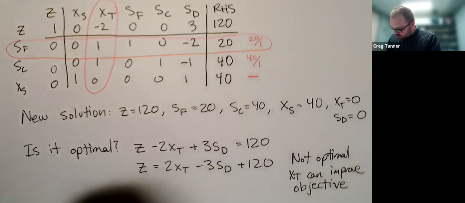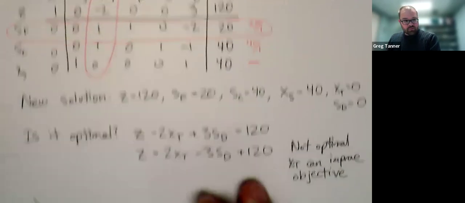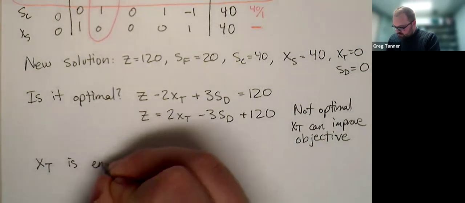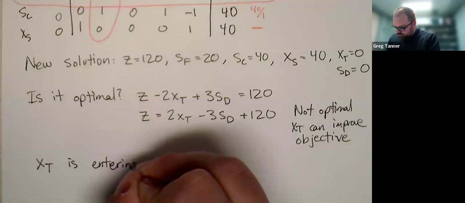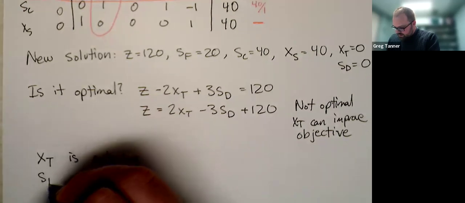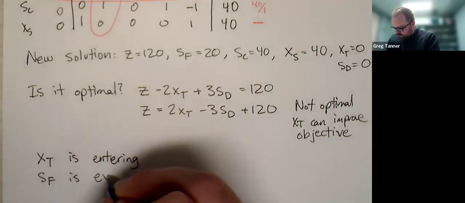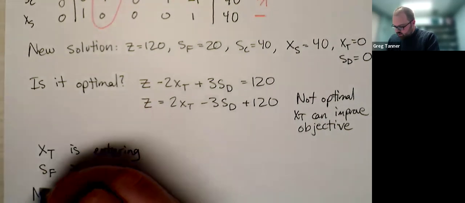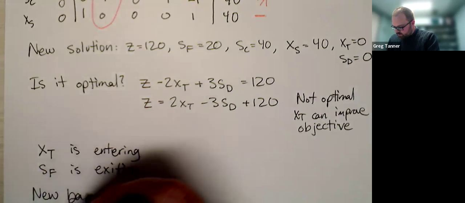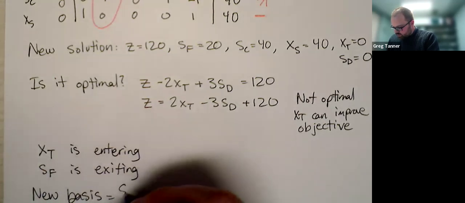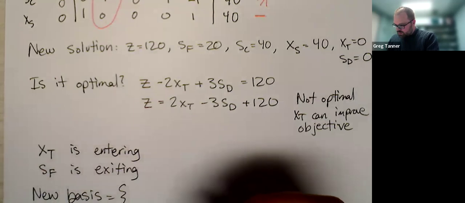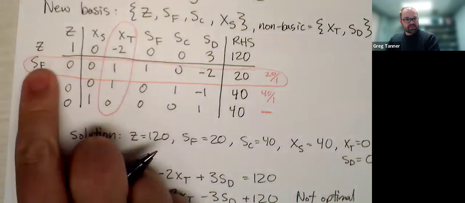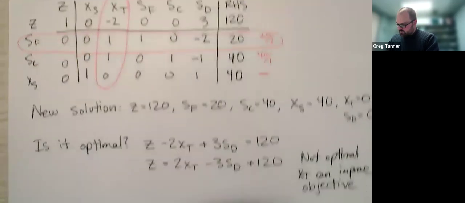I'll move this up here. XT is entering, SF is exiting, which gives us a new basis of Z. XT is going to replace SF.